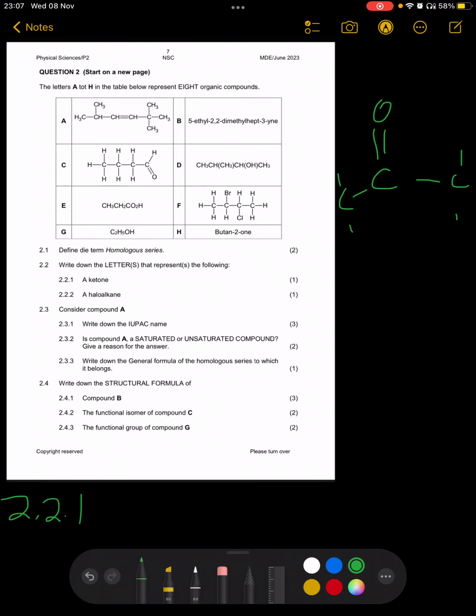Do we see any structure like that here? Nope. Or we see it with the suffix -one because it's a ketone, and we see that H is a ketone.